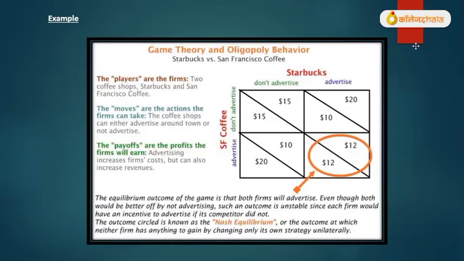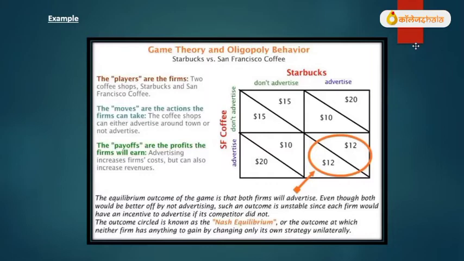Moves or actions they can take: the coffee shops can either do advertisement or not do advertisement. That means either they promote their brands or they do not promote their brands. These are the moves or actions. And what can be the payoff?